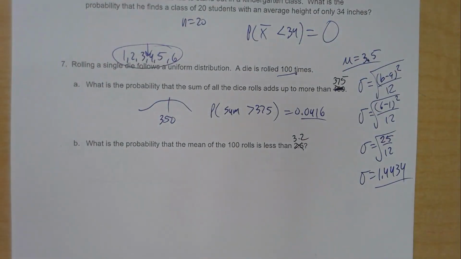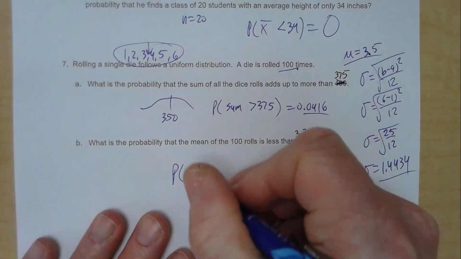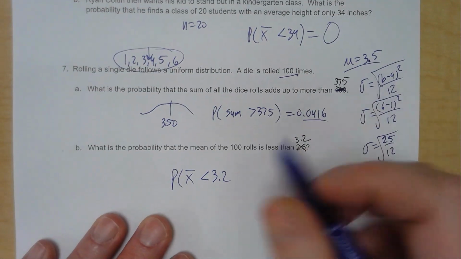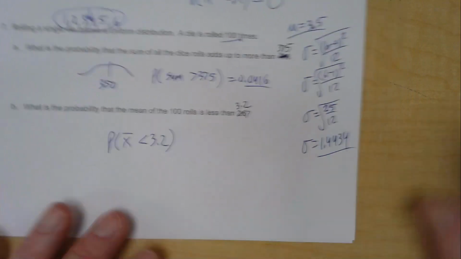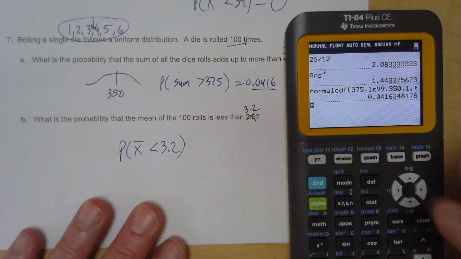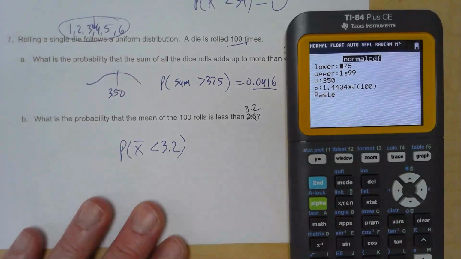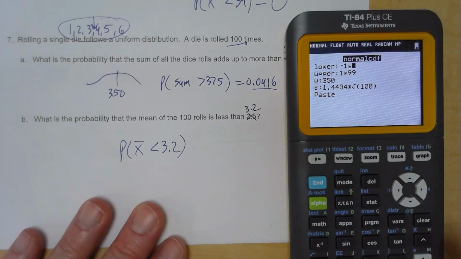All right. What's the probability that the mean of 100 rolls is less than 3.2? So now we want the probability that the average is less than 3.2. So the average expected value is 3.5. So what's it less than 3.2? Okay, so we're going to do second distribution, number 2. We'll be less than, so it's -1 second EE 99 and 3.2.